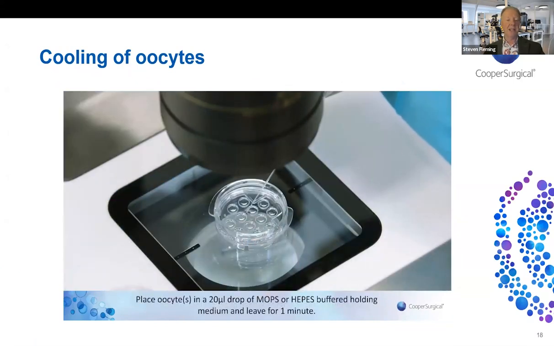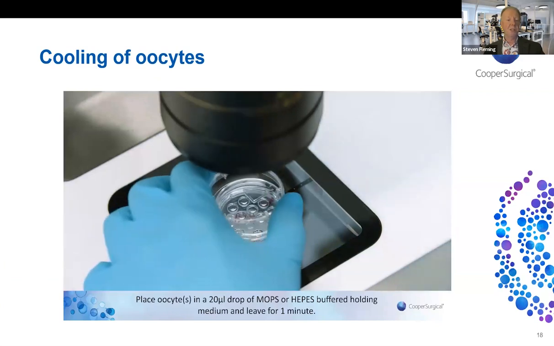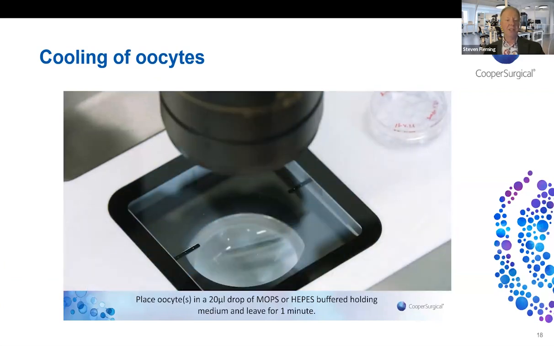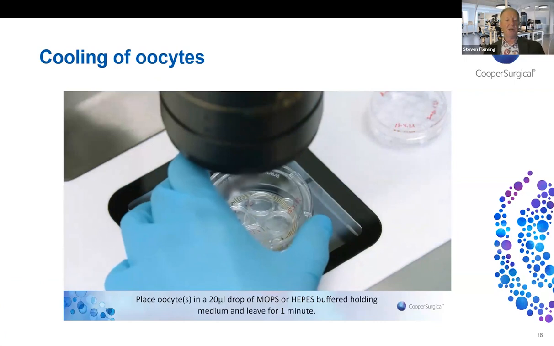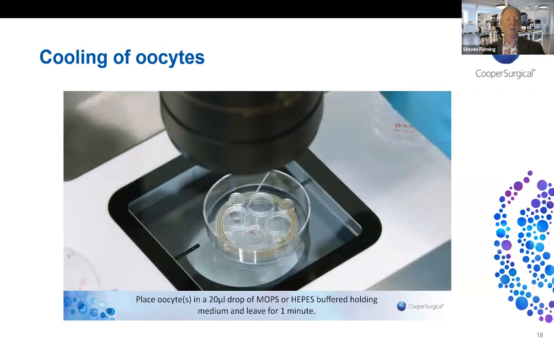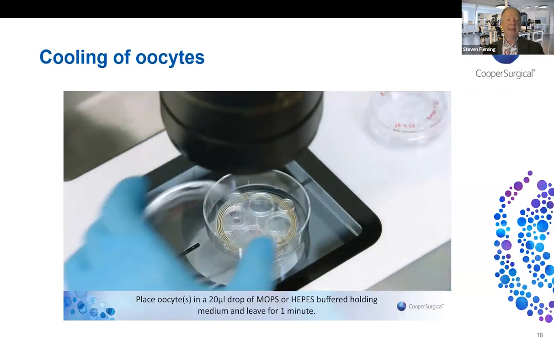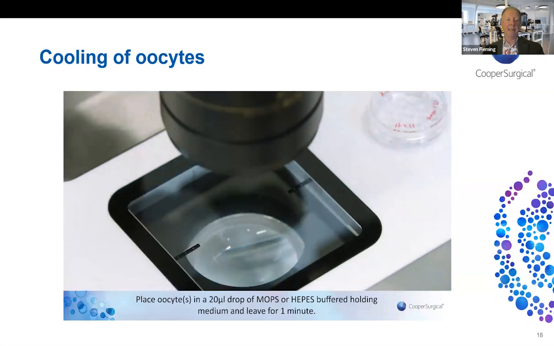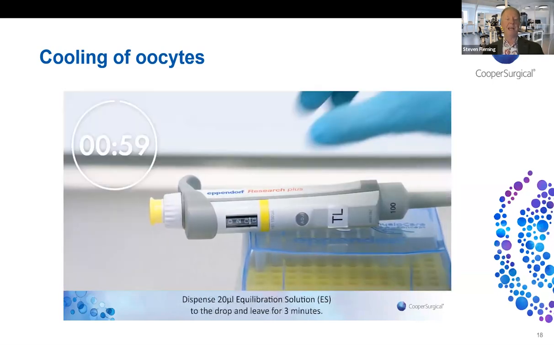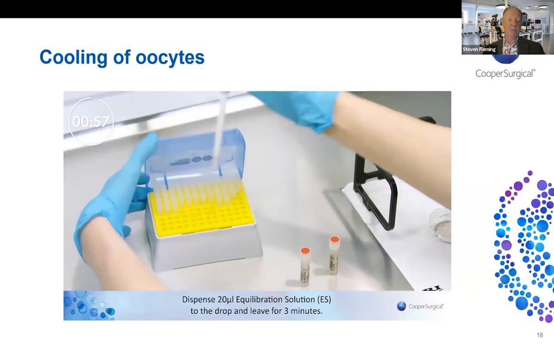This procedure is performed completely at room temperature. So you want to place your oocytes into a 20 microliter drop of MOPS or HEPES buffer and leave them there for 1 minute, taking them away from the light source to maintain that room temperature.